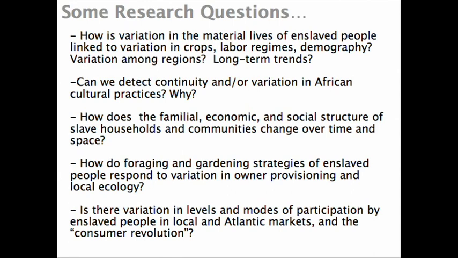You can check them out here, but Jillian is going to focus in the rest of the presentation on the last one, which asks us to consider whether we can track levels of variation in levels and modes of participation by enslaved people in markets, local and Atlantic markets, and the consumer revolution.